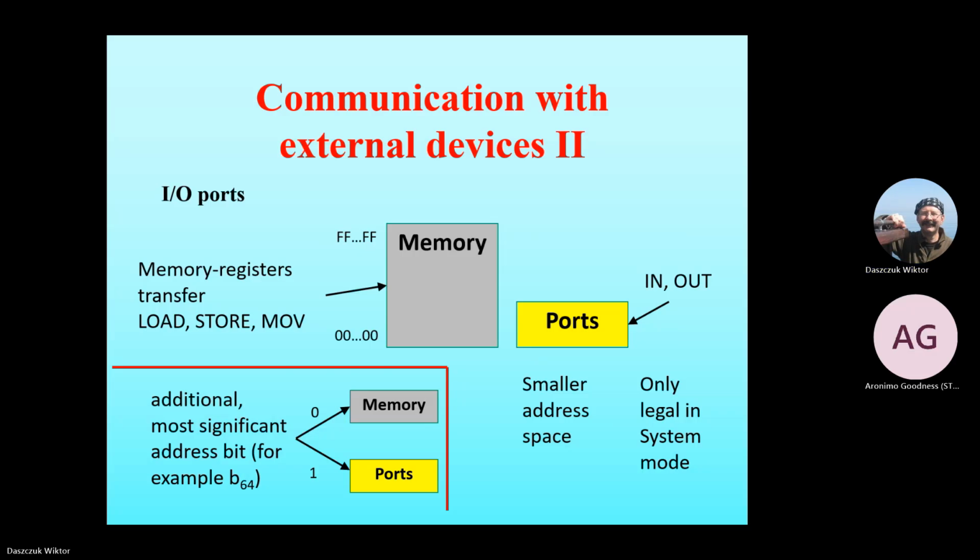The additional bit distinguishes between memory and I/O ports. And of course, memory is much larger, so the addresses in ports are typically much shorter, for example, 12 or 16 bits. The in and out instructions operate on ports because they raise this bit that selects ports.